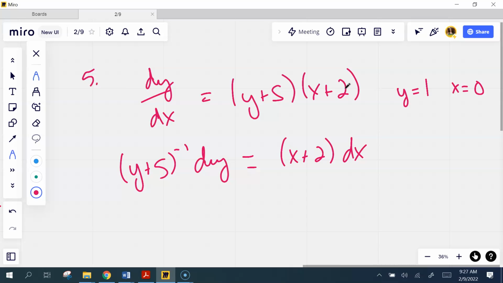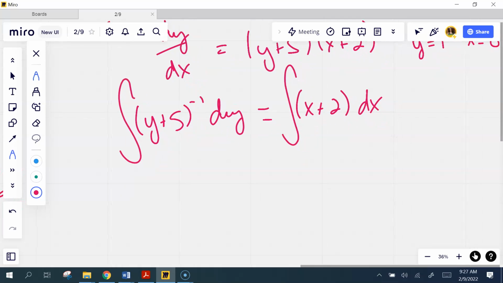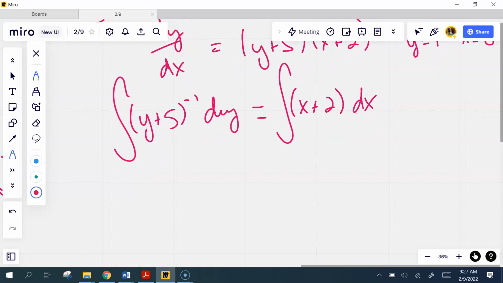And then I would integrate. If you want to think about this as a u-sub problem, on the left, u is y plus 5, so du would be dy. It's a basic u-sub problem, or if you can do it without it, you do not have to.